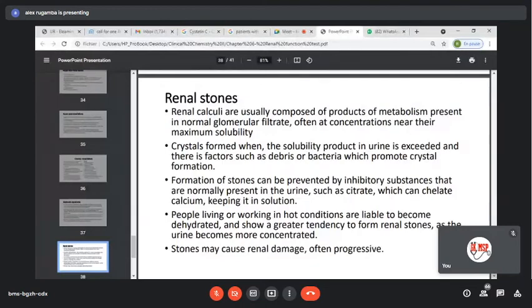That's why you should take at least some liters of water per day if you are working hard. If you work hard and don't take water, the urine concentration will be high, and this creates stones. That is why sometimes you need to take something containing water.